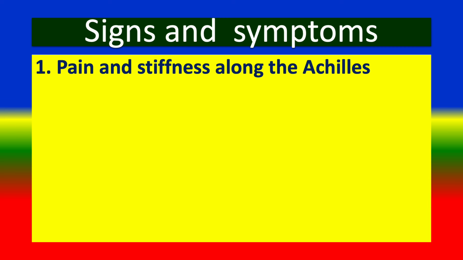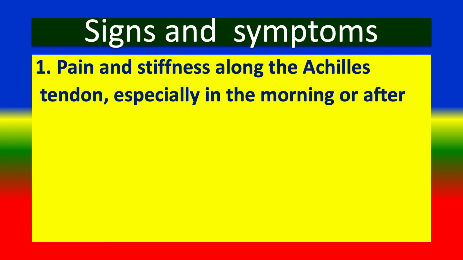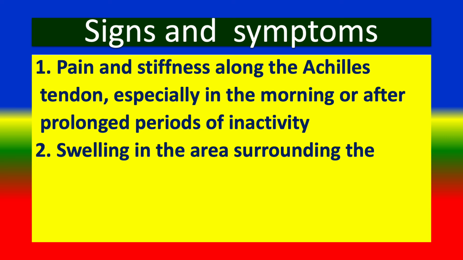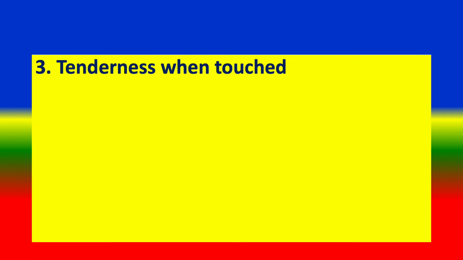Signs and symptoms: 1. Pain and stiffness along the Achilles tendon, especially in the morning or after prolonged periods of inactivity. 2. Swelling in the area surrounding the tendon. 3.